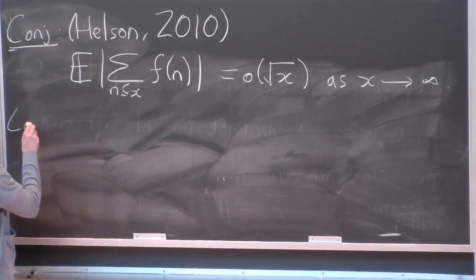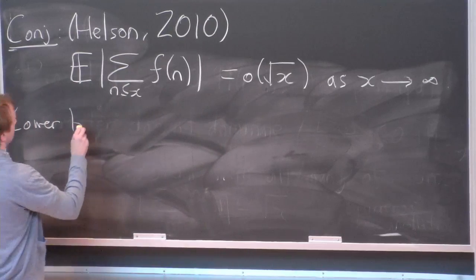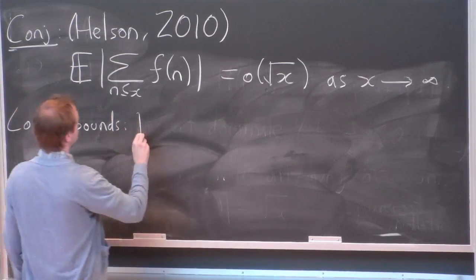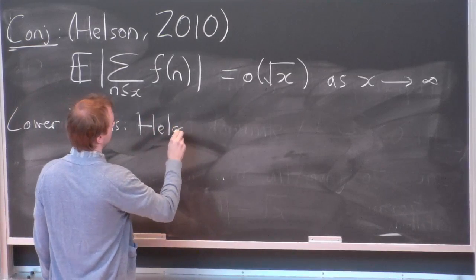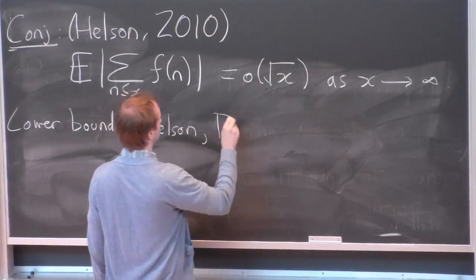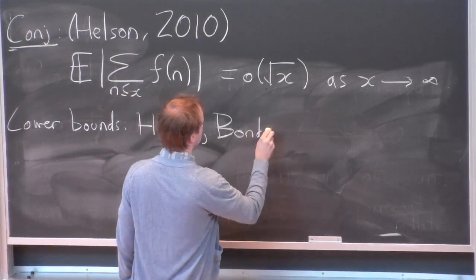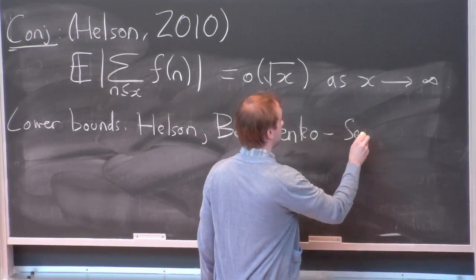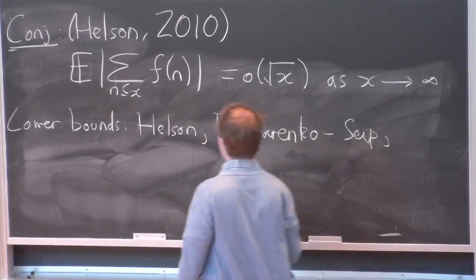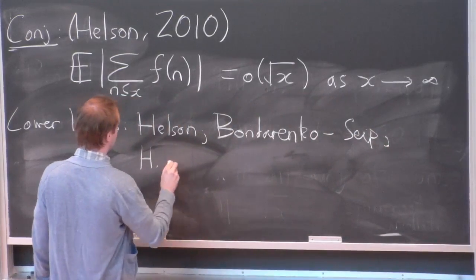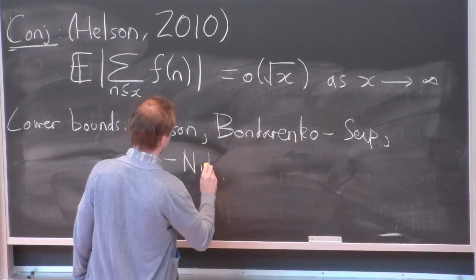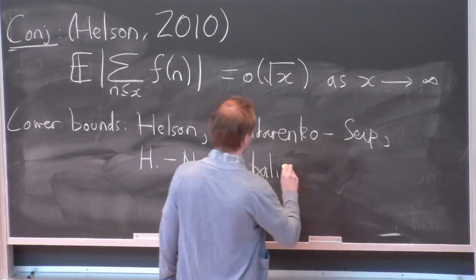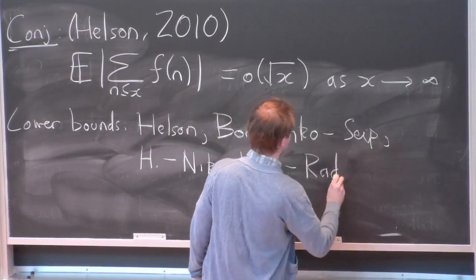There were some lower bounds. So there were lower bounds of Helson himself, or following from his work, and of Bondarenko and Seip, and of myself and Harper and Radziwill.